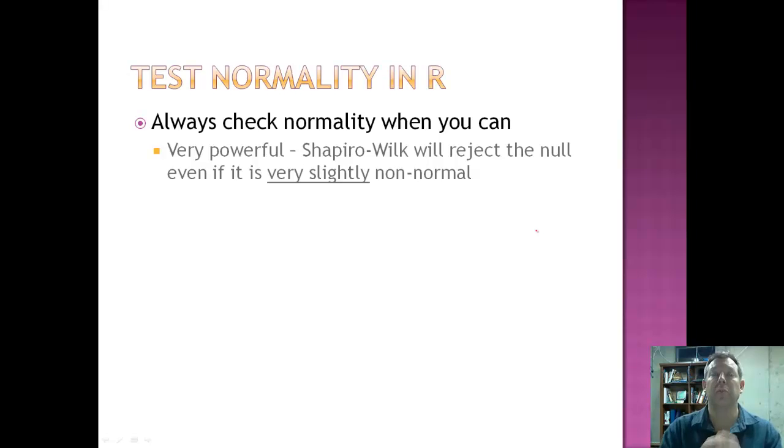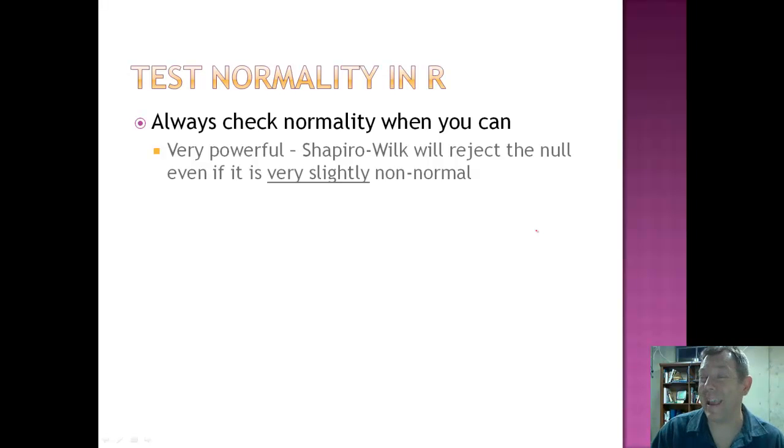Understand that the Shapiro-Wilk test is very powerful, which means even if the population is very slightly non-normal, just a little bit skewed or has a little bit of kurtosis, Shapiro-Wilk will reject the null. So it almost has to be perfectly normal for Shapiro-Wilk to not reject the null.